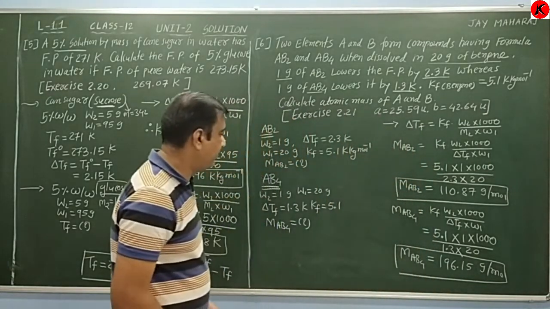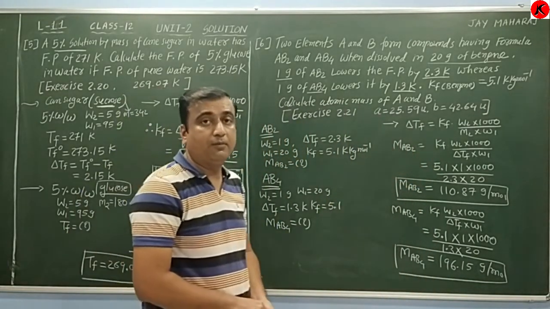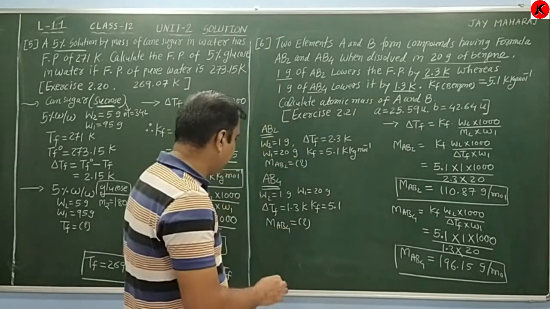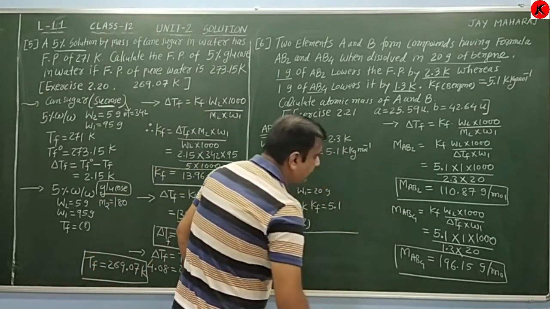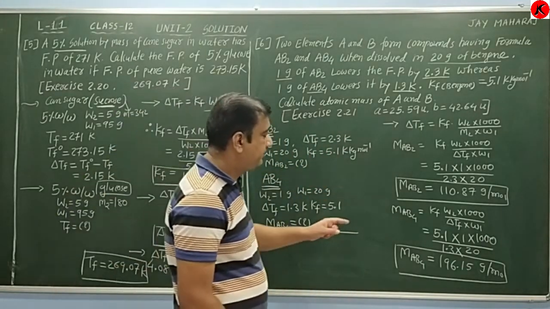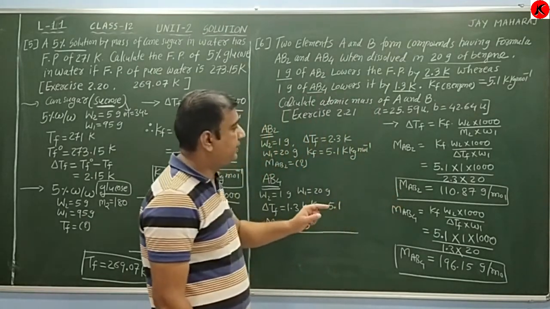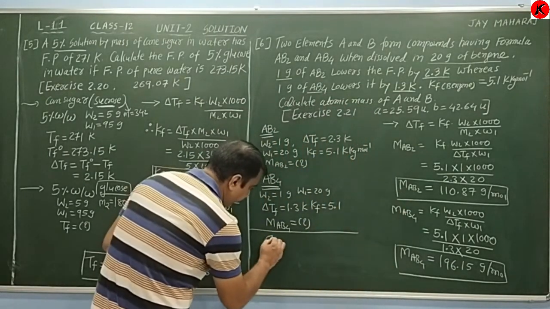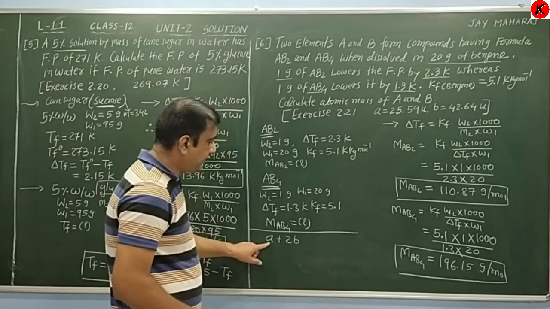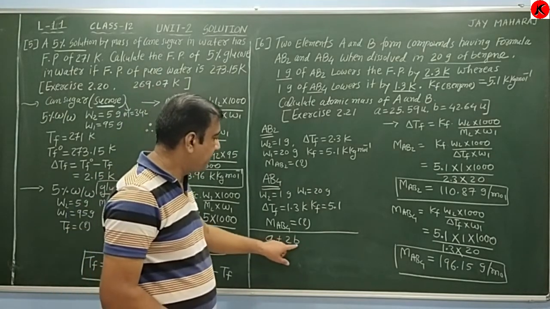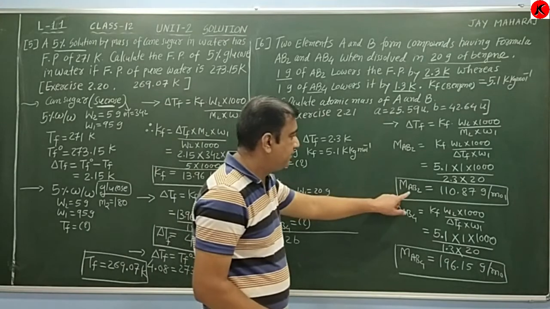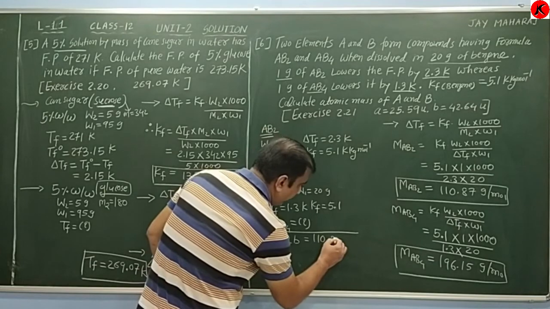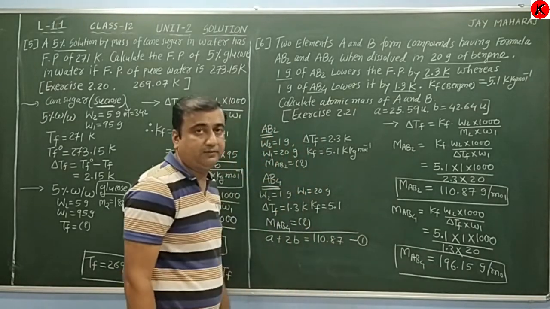Now the molar masses of the AB2 compound and the AB4 compound are obtained. We have to calculate the atomic mass. So it is a simple calculation. Suppose the atomic mass of A is small a and of B is small b. Then we can write a plus 2b, where a is the atomic mass of element A and b is the atomic mass of element B, so a plus 2b equal to 110.87, equation number 1.